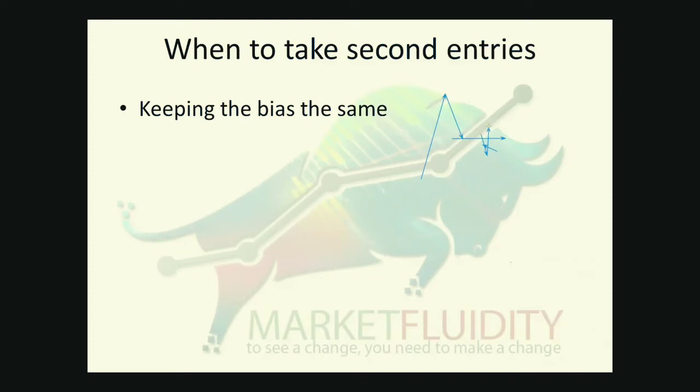So let's say we had a candle that was going bearish like this, a bearish candle, another bearish candle, and then you had candles going bullish like this, and then you had candles going there. Right? This is the first bearish candle.